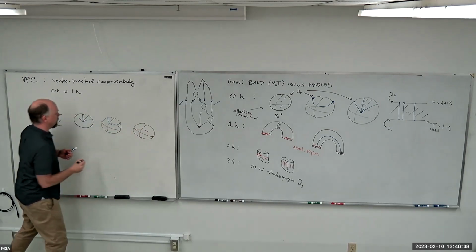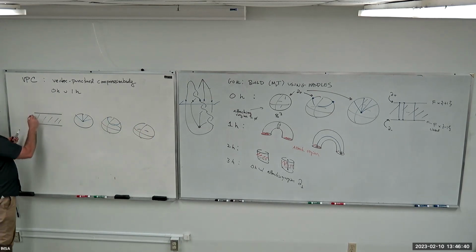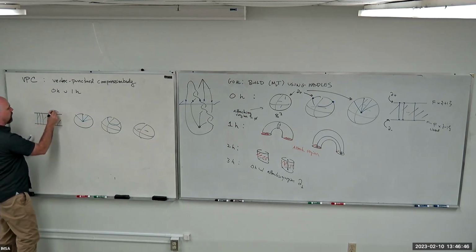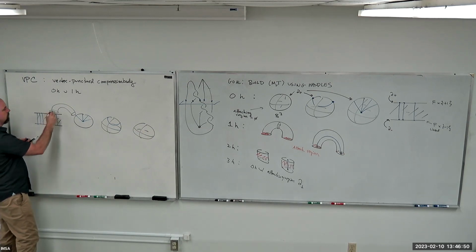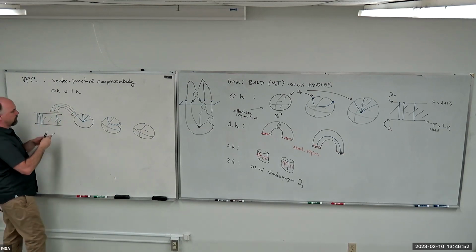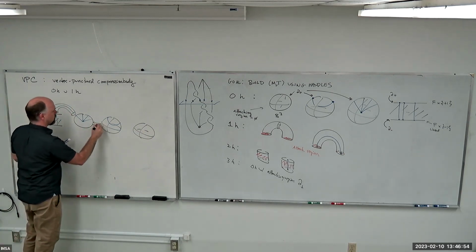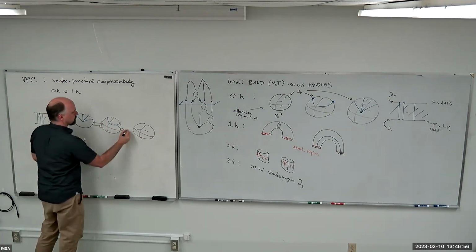Maybe we have one that doesn't have any knot in it at all. Maybe there's some vertical edges there, and then maybe I attach a zero handle like so, attach a zero handle like that.